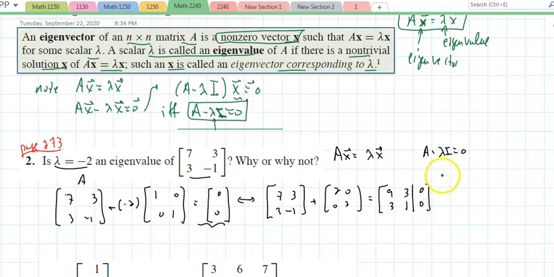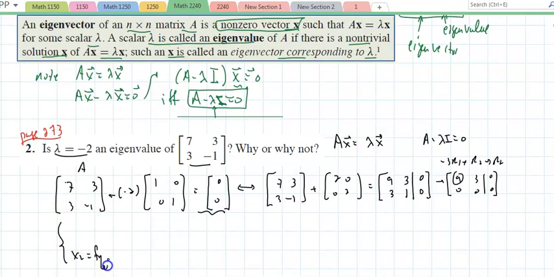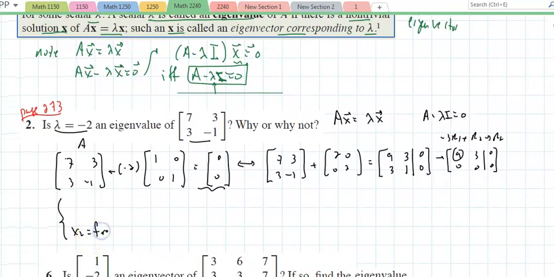Isn't that like an augmented matrix? And if I take negative 3 row 1, add that to row 2, and put the result in row 2, what do I get? So doesn't that mean that x2 is free? And doesn't that mean that 9x1 equals negative 3x2, or x1 equals negative x2 over 3?